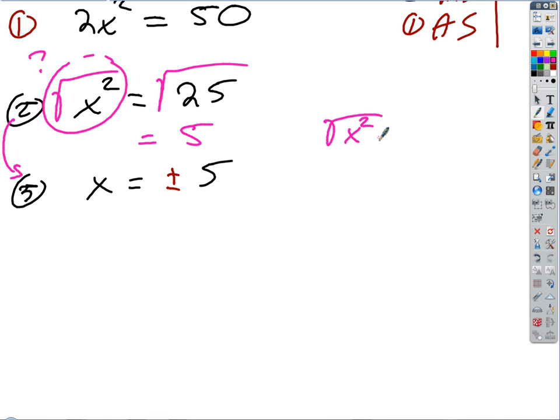If I put in positive 5, 5 squared is 25. Square root of 25 is? Well, that works. So far, so good. Square root of 5 squared is 5. Let's try negative 5. The square root of negative 5 squared. Well, what is negative 5 squared? 25. Square root of 25 is? 5.